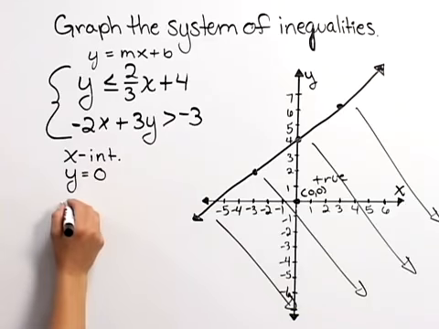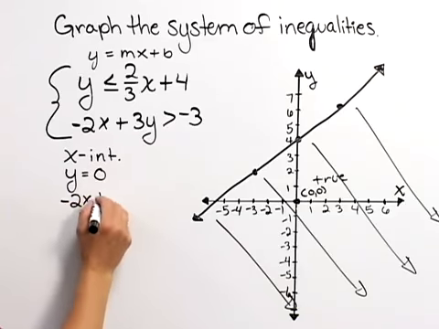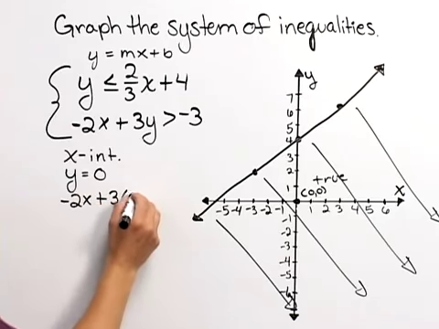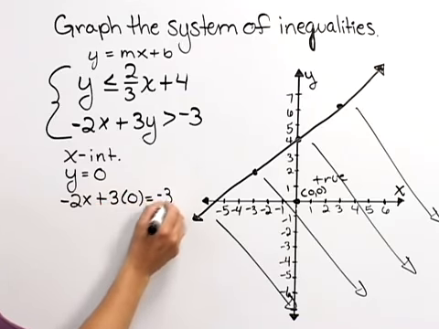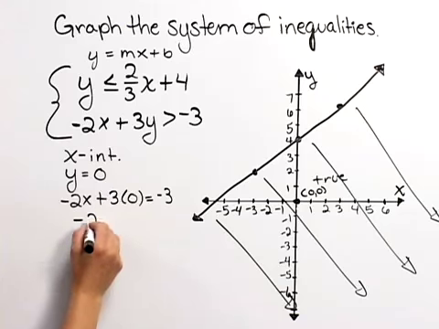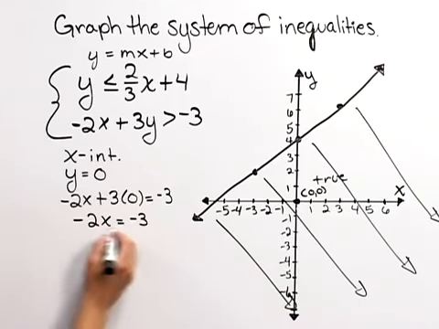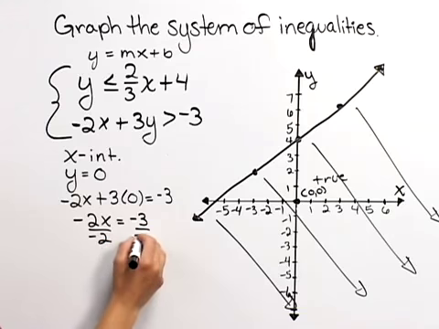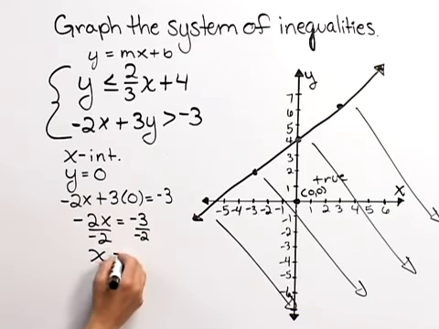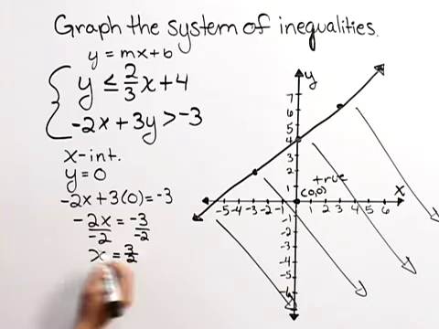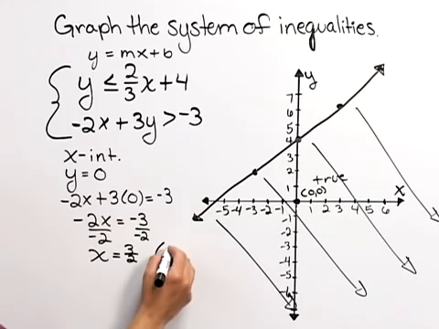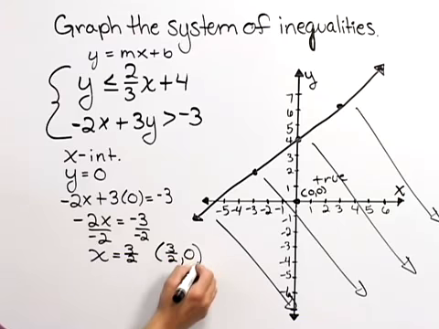So we'll replace the y with 0 to get negative 2x plus 3 times 0 equals negative 3. Or negative 2x equals negative 3. If you divide both sides by negative 2, we find out that x is 3/2. So the x-intercept for this one is going to be at 3/2, 0.